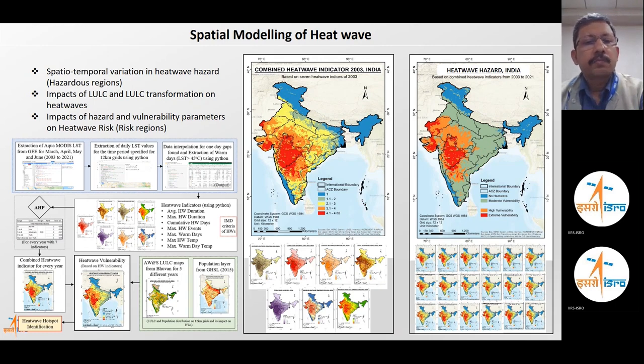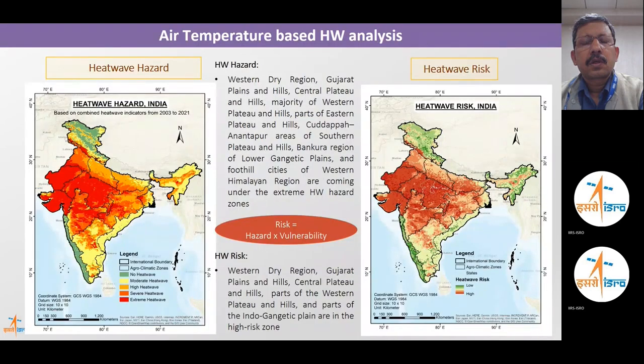So using robust models and various indicators, we could identify the heat wave hazard region and, overlaying it with the population, we can identify the heat wave risks. So you can see this is the heat wave risk map of India, which has been developed using various geospatial techniques.